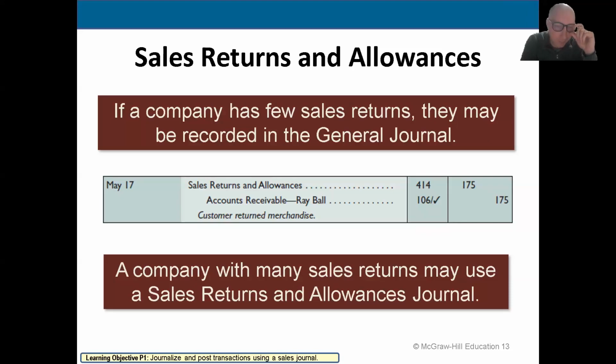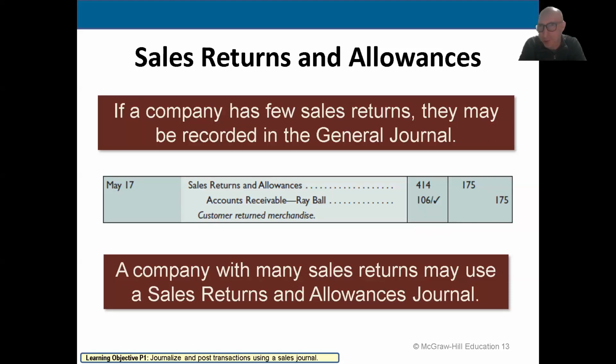I also mentioned that we occasionally have to make what we call general journal entries. These general journal entries, I typically make those at the end of each month. It represents the other stuff that I need to record.